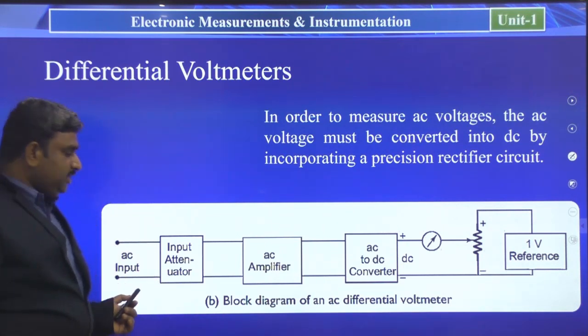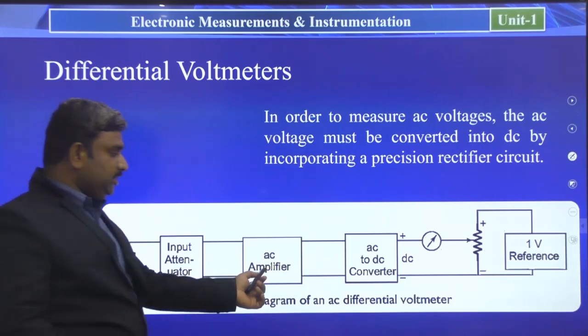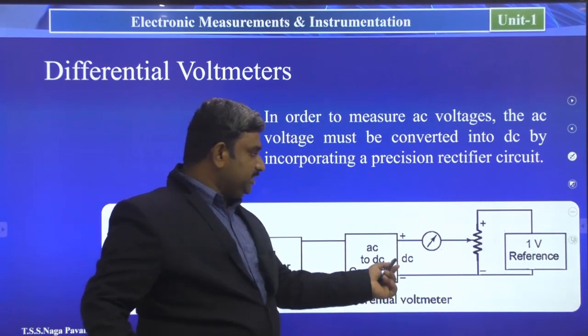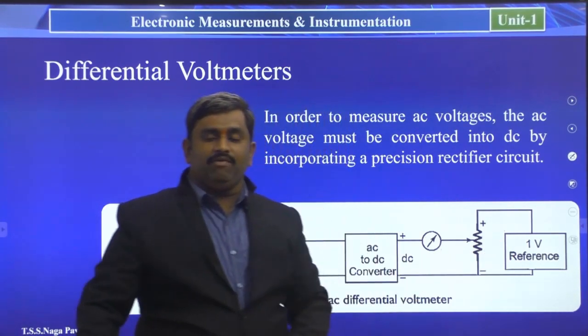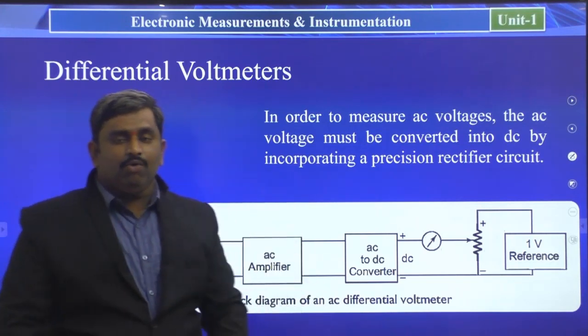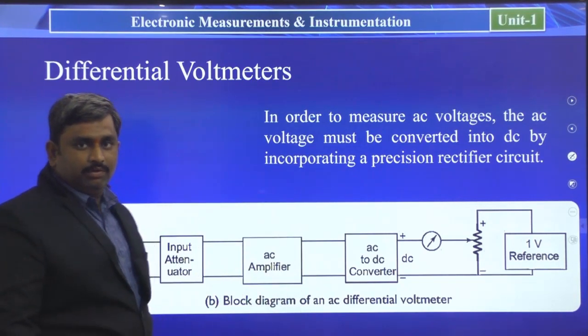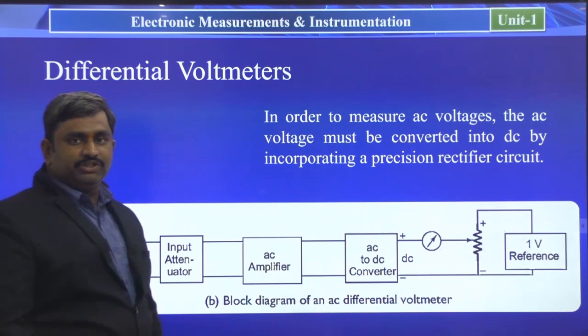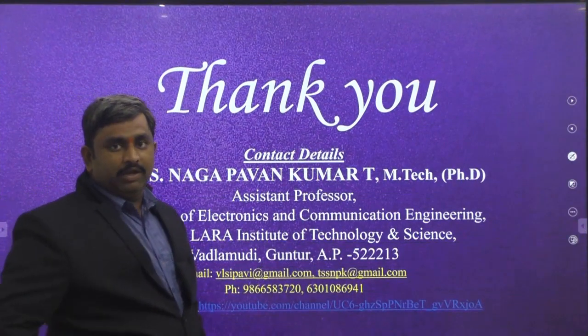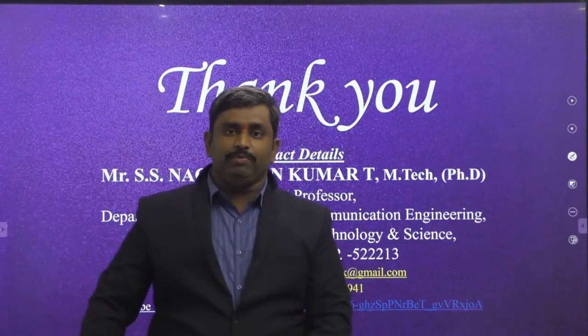We give AC input to the input attenuator, then the AC amplifier and the AC to DC converter, and then to our DC differential voltmeter circuit. With this, we have completed the DC and AC differential voltmeters.